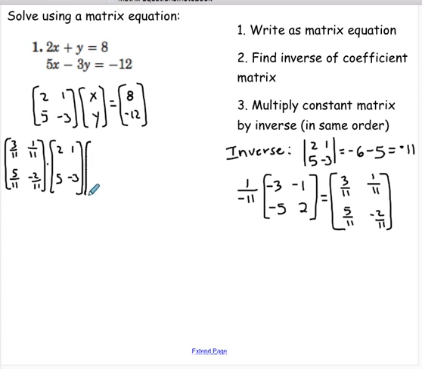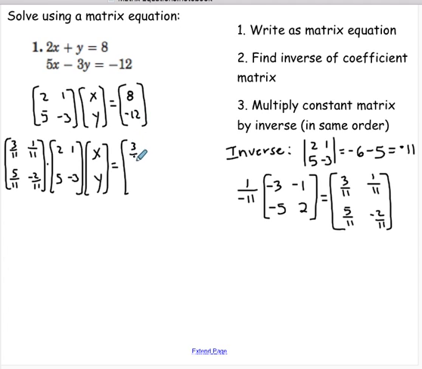And that should leave us just an identity times this variable matrix. And on this side, I'm going to be really careful because I know that order is really important when I multiply matrices. Notice how the inverse is to the left of the matrix here. So I'm going to do the same thing on this side. The inverse is going to be to the left of my solution matrix.